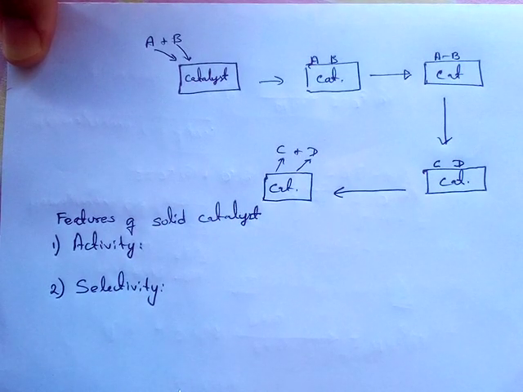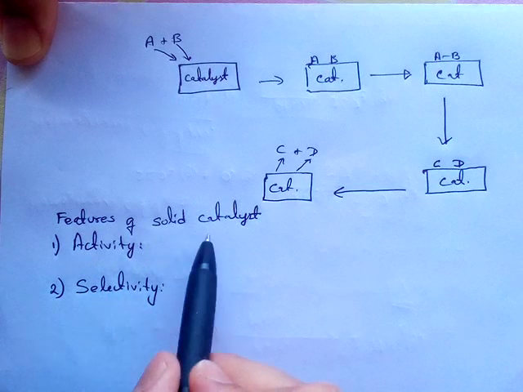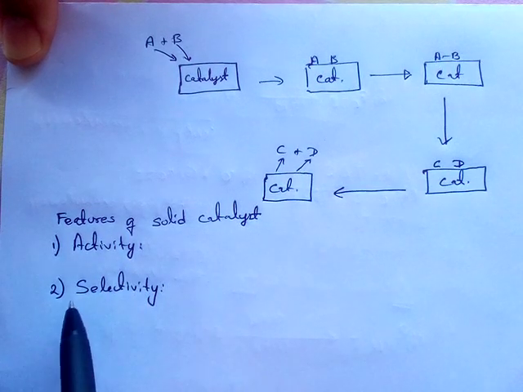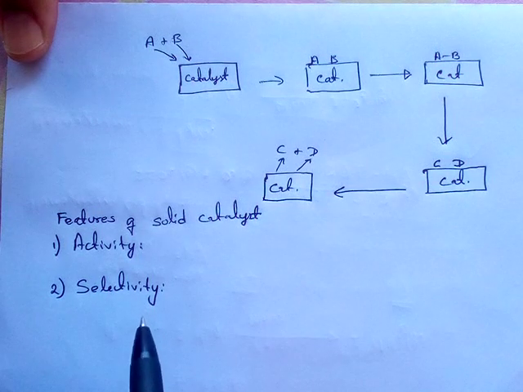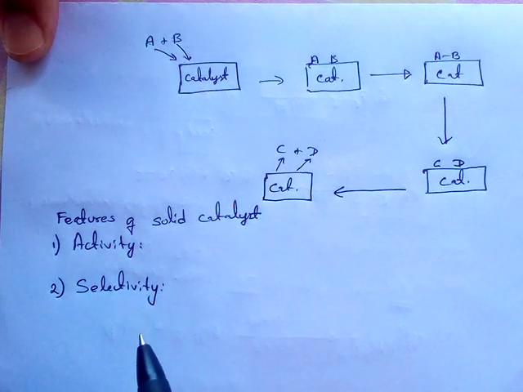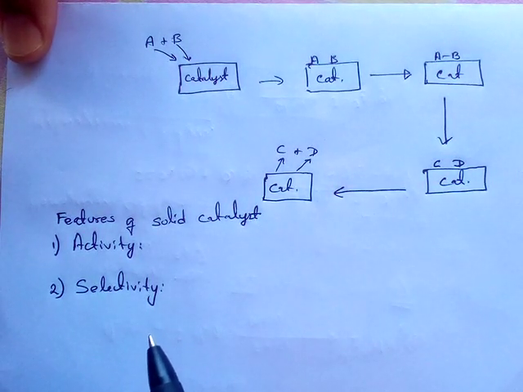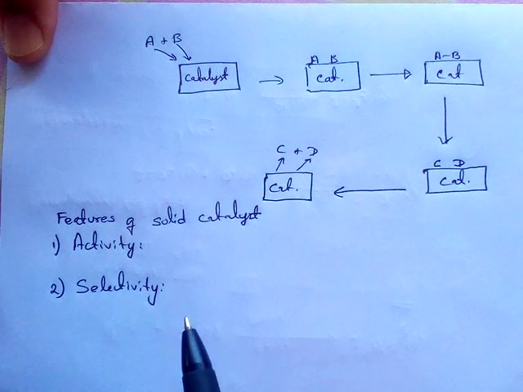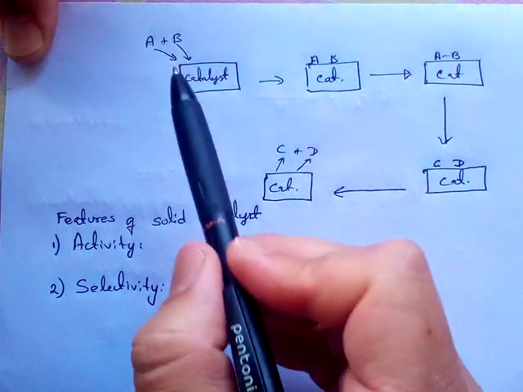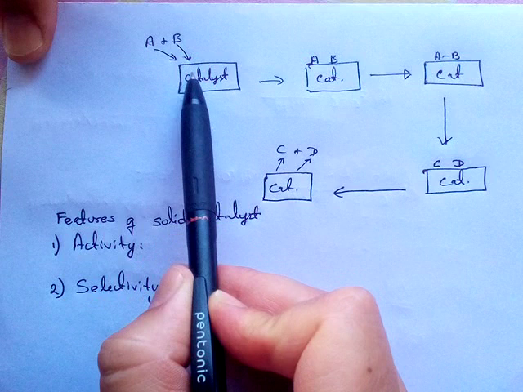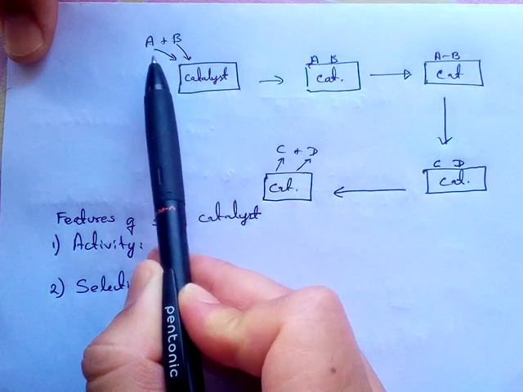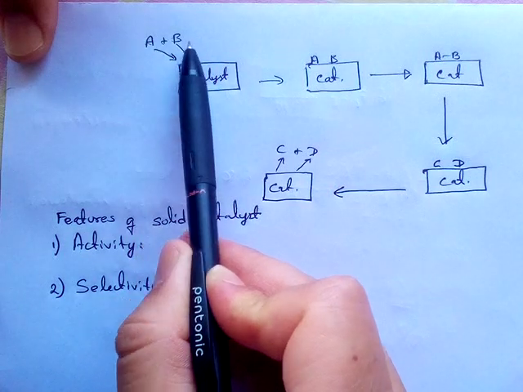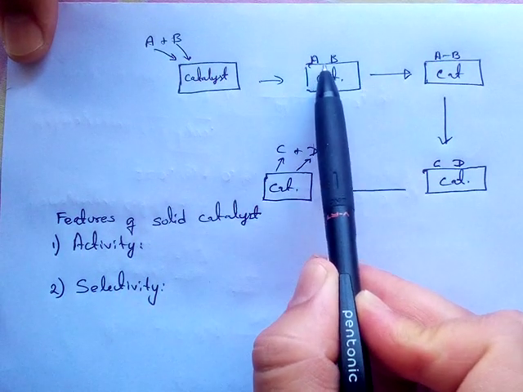There are two important features of solid catalysts. Number one is activity, number two is selectivity. Now the activity of a catalyst depends upon the strength of chemisorption to a large extent. If this is a catalyst and A and B are the reactants, the first step, we know, is that A and B get adsorbed at the surface of the catalyst.